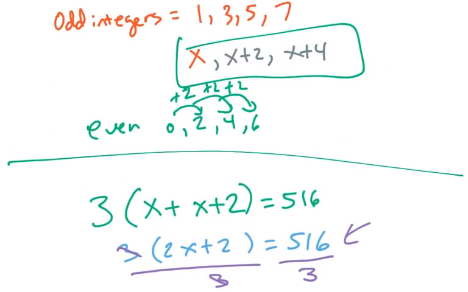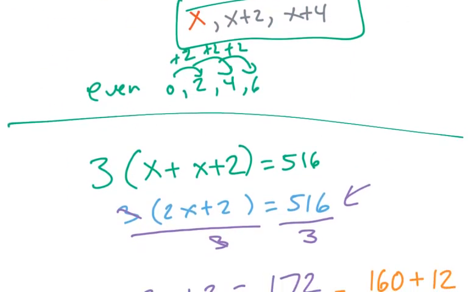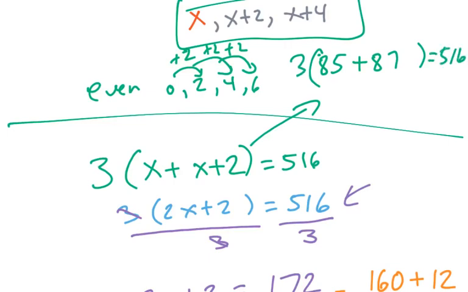So if 85 is correct, then what I'm arguing, let me write it over here, is that 85 plus 86 plus 87, the first two consecutive integers, right? If I triple the sum, it should equal 516. So what does this give me? This is 12, carry the 1, that's 172 times 3.